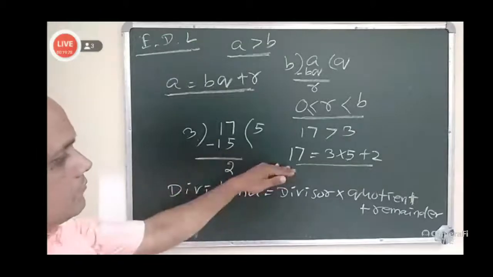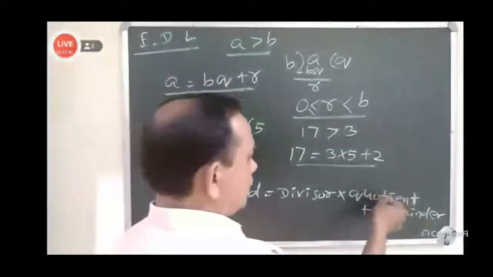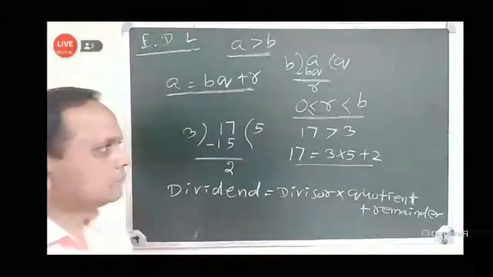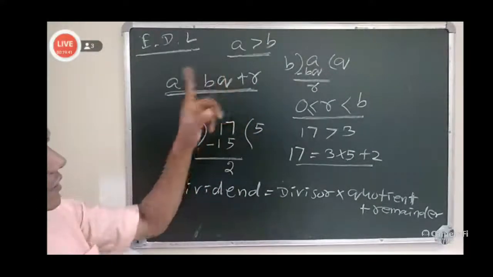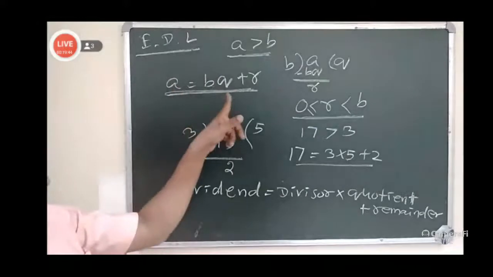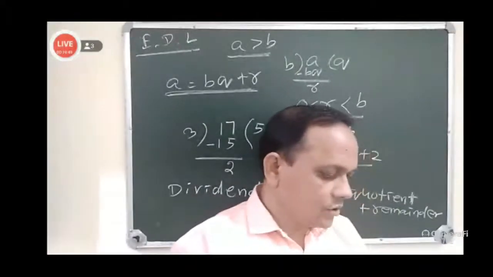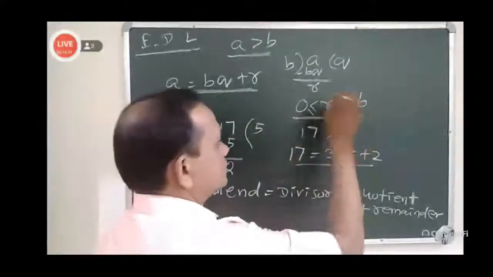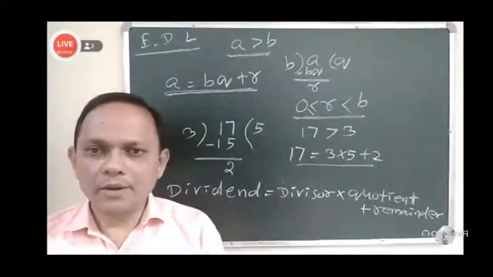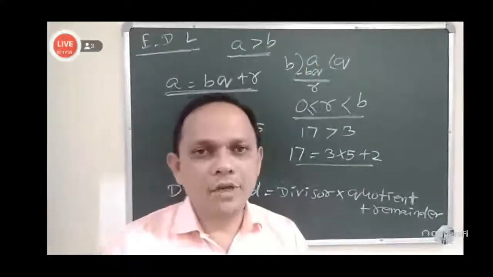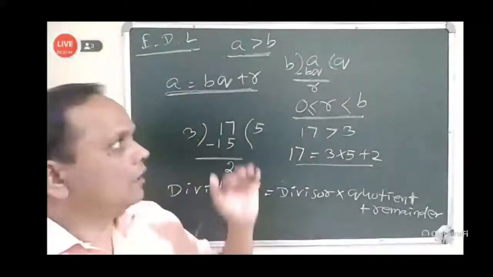That means A equals BQ plus R, where 0 is less than or equal to R, less than B. This point is most important. Using Euclid's division lemma, we can solve many problems.